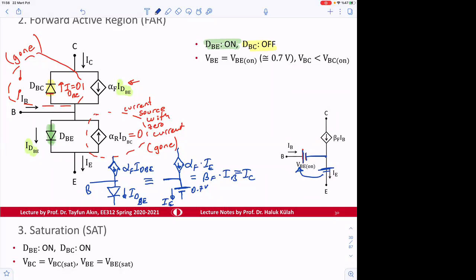In fact, not, because what we care about is voltages and currents.